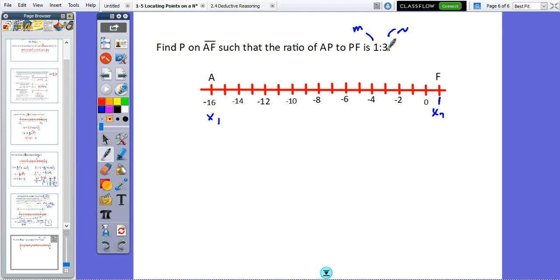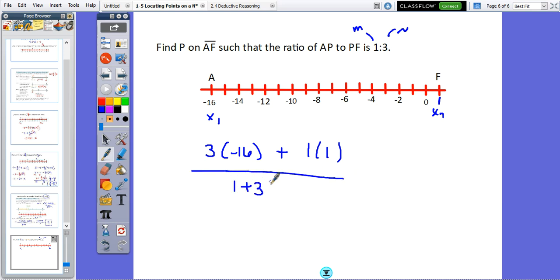So remember, you're going to use the n value, 3, times the first one, x1, negative 16, plus the m value, 1, times the f coordinate, x2 coordinate, which is 1 as well, all over 1 plus 3. We end up getting negative 48 plus 1 over 4. Now you simplify that, you get negative 47 over 4. You reduce that, you end up getting negative 11.75.